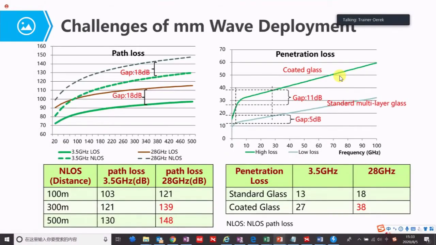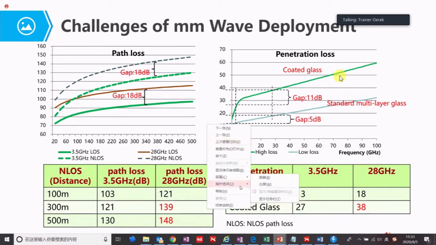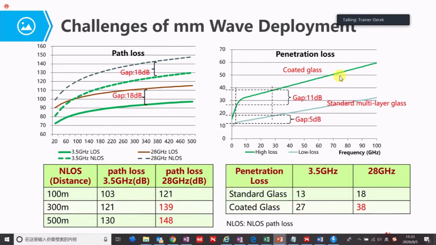And the challenges of millimeter wave deployment. Millimeter wave is very high frequency, for example 28 gigahertz. The higher the frequency, the more loss there is. Let's compare the path loss.